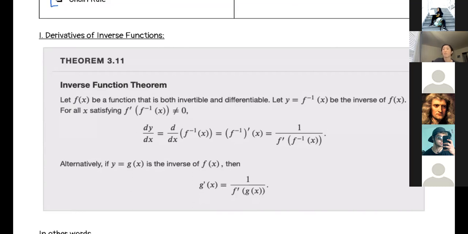Okay, so for example, someone might say, I know that this symbol means that it's not equal to 0. Or someone else might say, y is just another name for g of x.